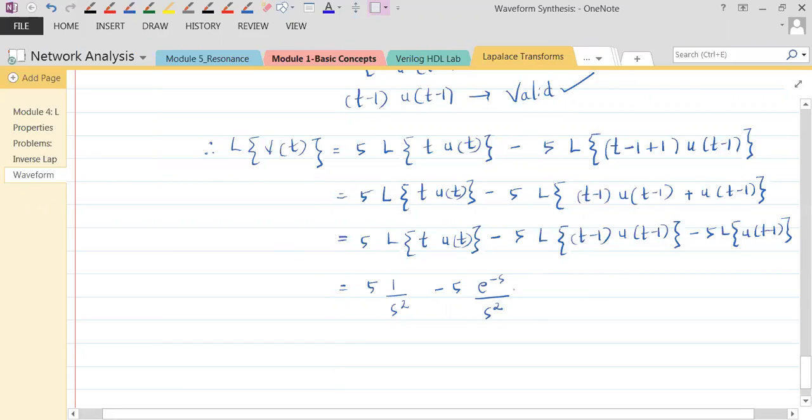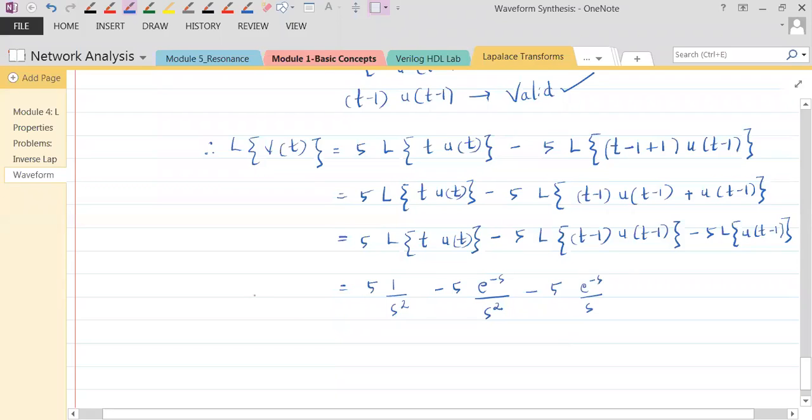Then you have minus 5 times what is this? T minus 1, right? So let me write this properly. This is t minus 1, u of t minus 1. So what would that be? What is the Laplace transform of u of t? It is 1 by s, right? But there is a shift, so it is e power minus s by s. Understand that?